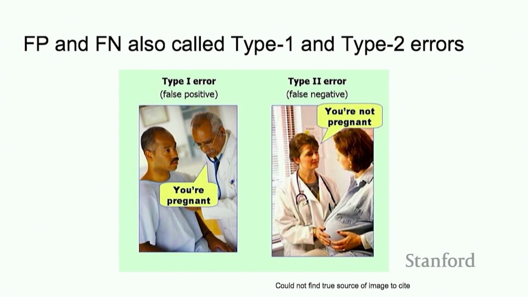The Y label is false, but you predicted Y to be true. Similarly, the type 2 error is another name for false negatives, where the true condition is Y equals 1, but you predict Y equals 0.